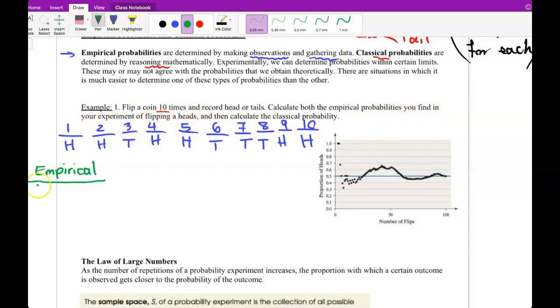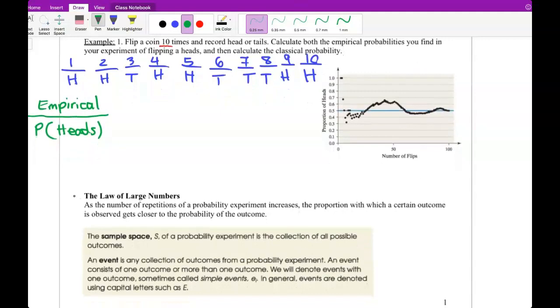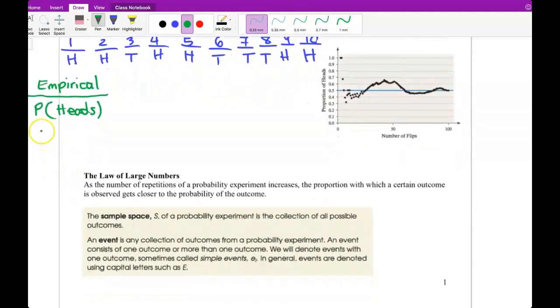We need to find the probability of head, and that is equal to the number of heads on top and in the denominator the number of flips, which is equal to 10.